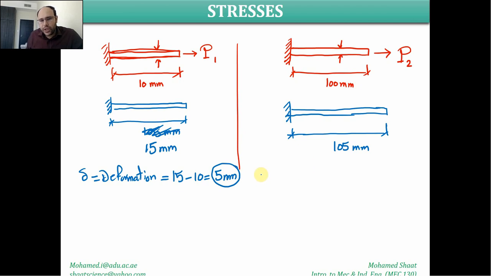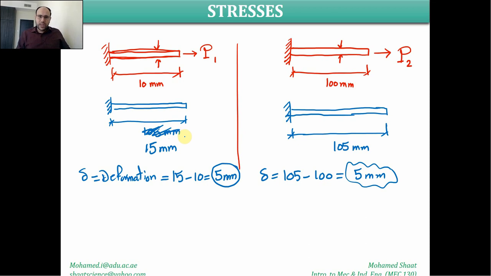The same thing here: delta equals 105 minus 100 equals 5 millimeters. So this bar has been deformed by 5 millimeters, and this bar also has been deformed by 5 millimeters. The deformation in both bars is the same.